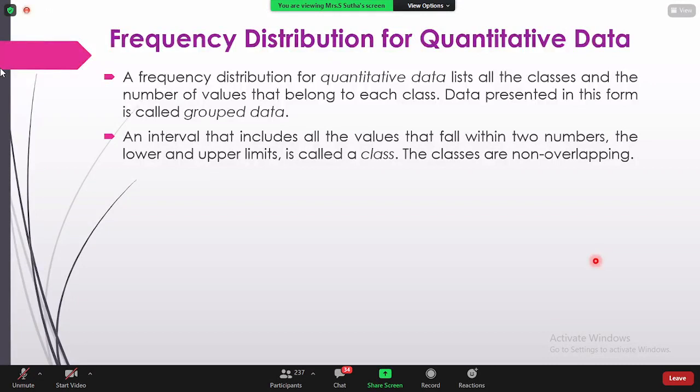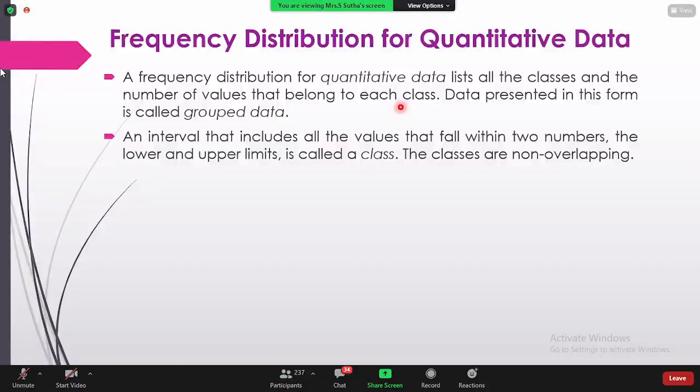Here also the classes are non-overlapping. As in qualitative data, here also we have two columns: one is the classes and the other is the frequencies.